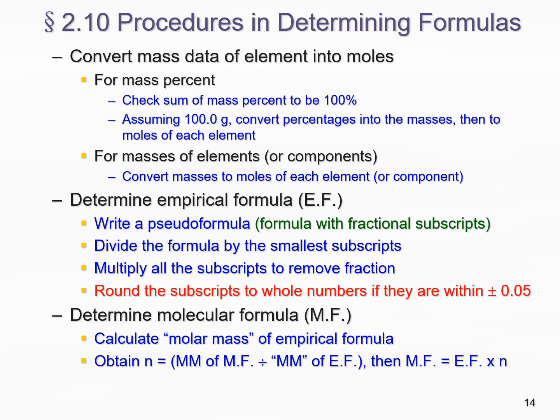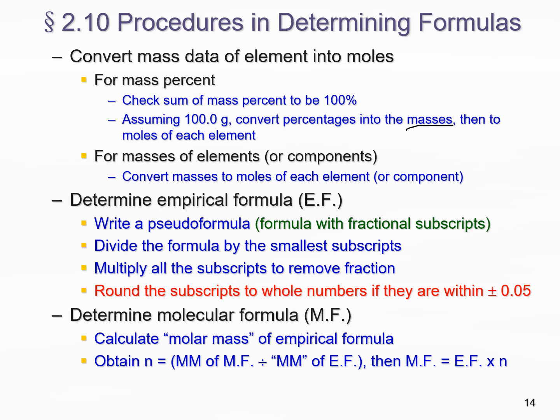So here are the procedures in determining the formulas, the empirical formula as well as the molecular formula. It has 3 parts. As the first part, we check the sum of the mass percents, making sure it's 100%. Then we simply assume that's 100 grams of sample, so we convert the percent into mass, then to moles.